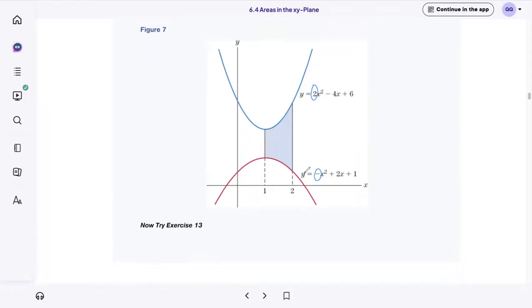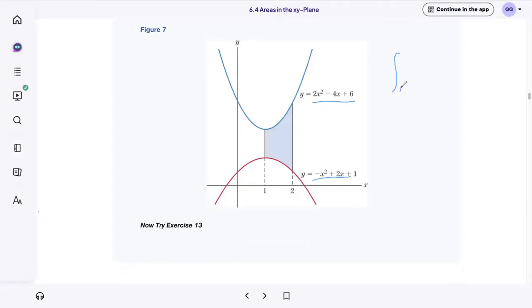So they do not intersect, right? So some of them may intersect, right? May have intersection, but those two do not intersect. So we want to find the area in between of those two. And then we use this as F because this is on top. We use this as G, F minus G.